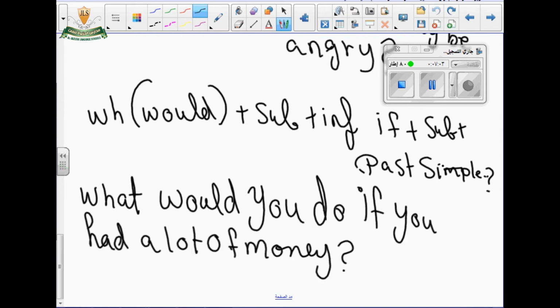What would you do if you had a lot of money? This is the second type of if condition question.